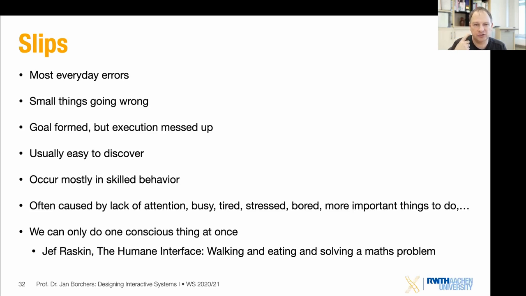You can do all these three things at once. But the only thing that is occupying your conscious thought there is solving the math problem. The rest is happening subconsciously. Walking, eating is not something that you need to consciously expend thought on. So I would say slips are more relevant in interface design than mistakes are.